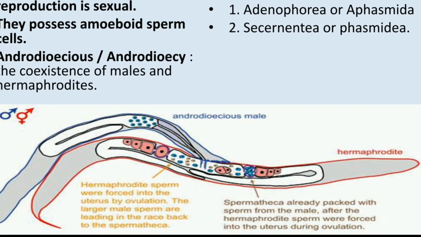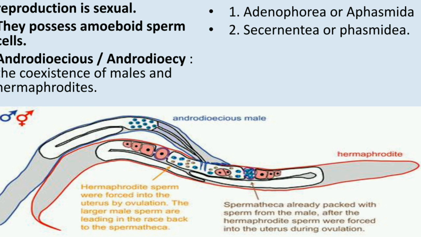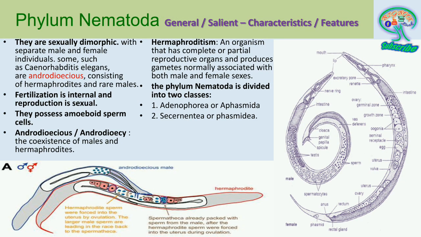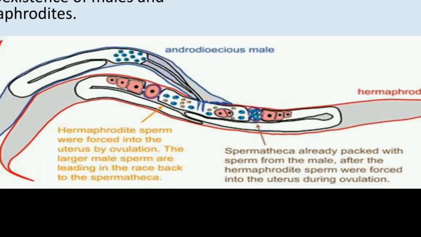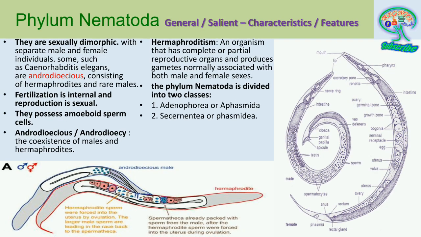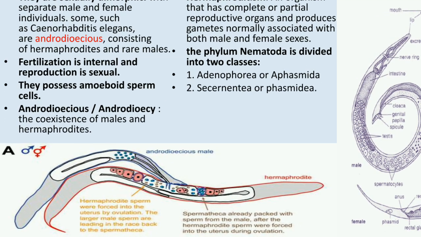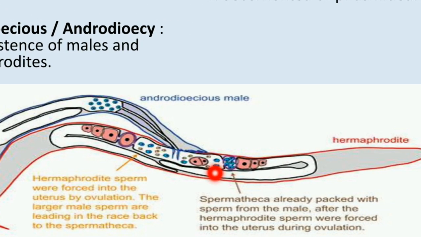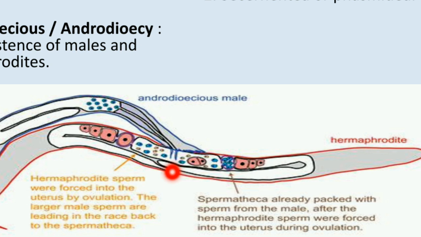In this you will observe the spermatheca here, and ovulation also. So within the organism, the fusion of the gametes takes place. So this is the hermaphrodite: the organism having both male and female sexes.